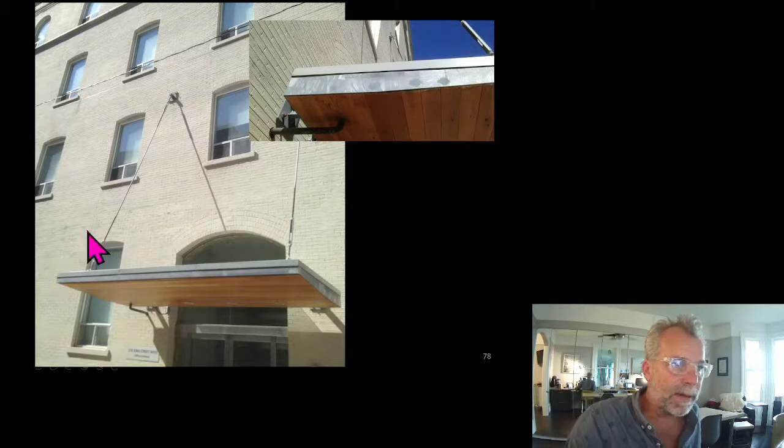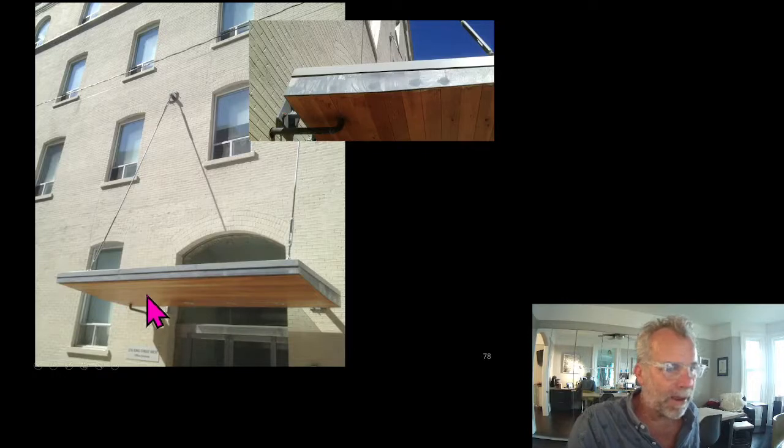Intuitively, we know that. But what is a surprise is that where we may have 4 kilonewtons per meter squared of downward load due to snow, we do have 1 or 0.5 kPa of upward load due to wind. And so canopies have to resist the upward load as well as the downward load.